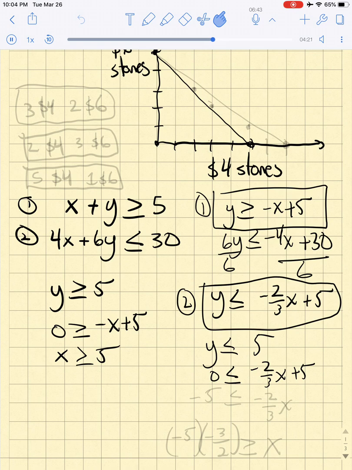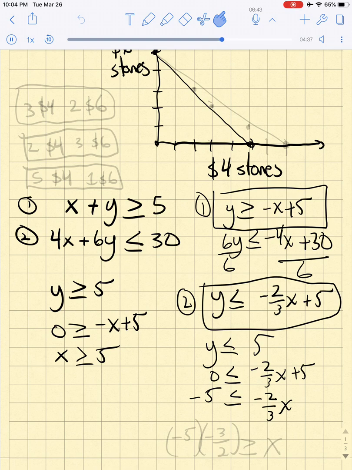And then I'm going to subtract 5 from both sides. So now I have negative 5 is less than or equal to negative 2/3 x. Then I multiply everything by the reciprocal of 2/3.